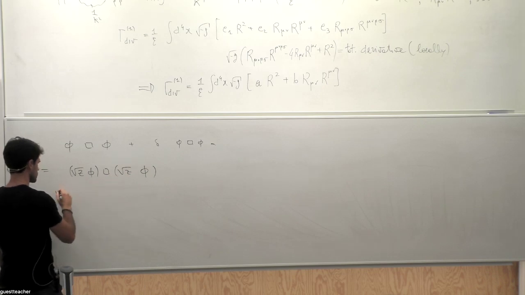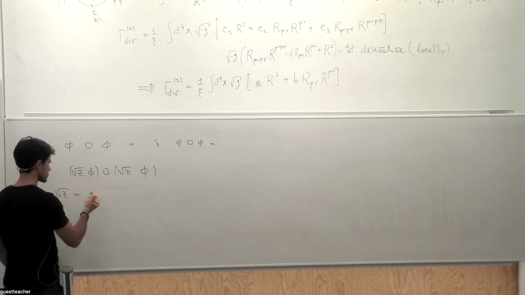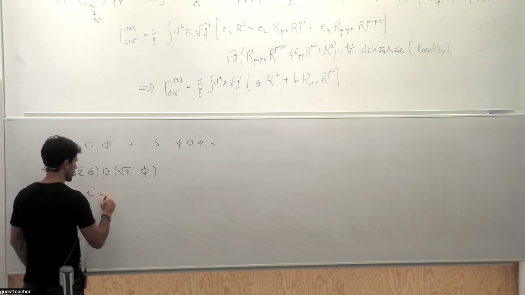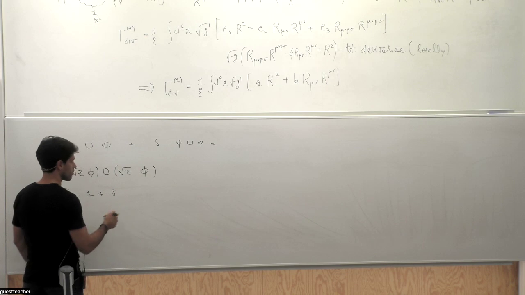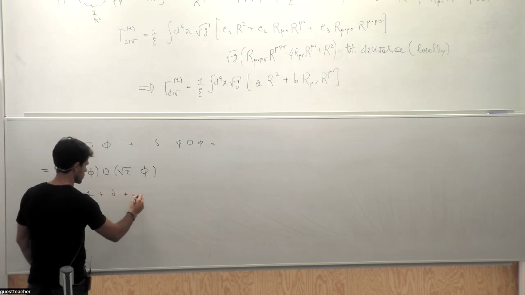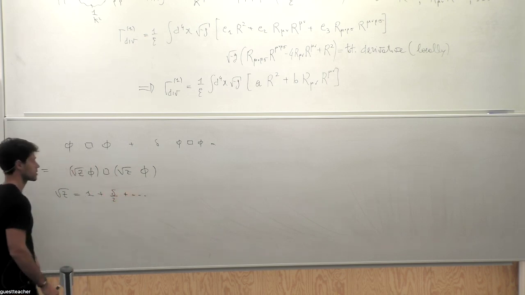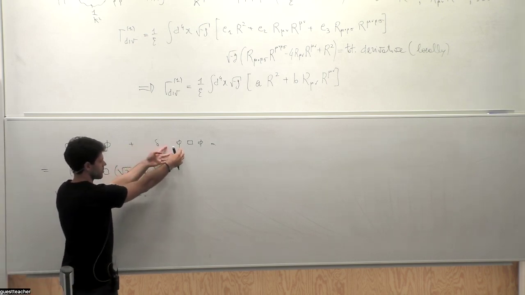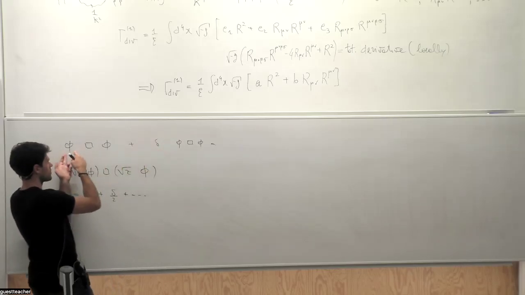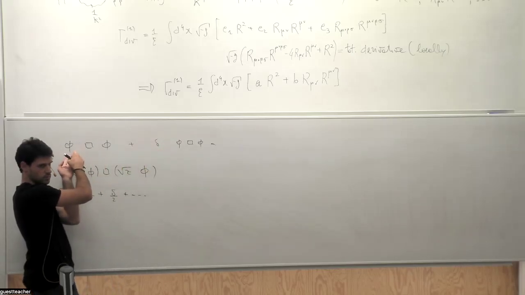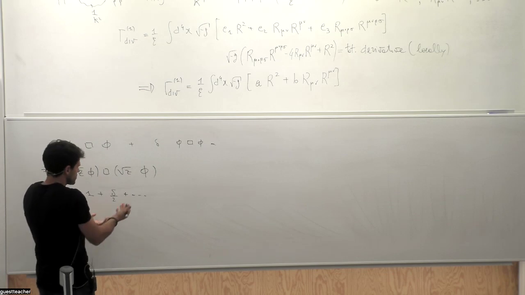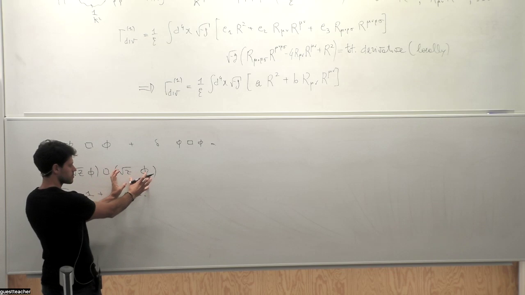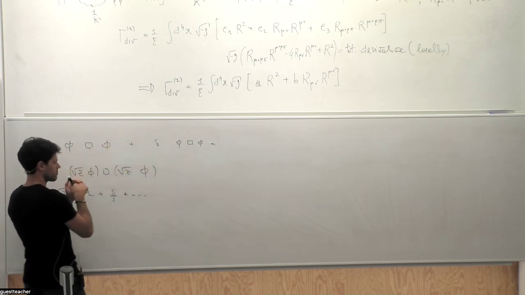Where this square root of Z will be proportional to basically 1 plus rho, let me expand, over 2, okay? So you can imagine that you can reabsorb your divergence in a redefinition of the field. And this is something that is still consistent because you say, okay, let me redefine things in my field. And so I'm reabsorbing things in my field.